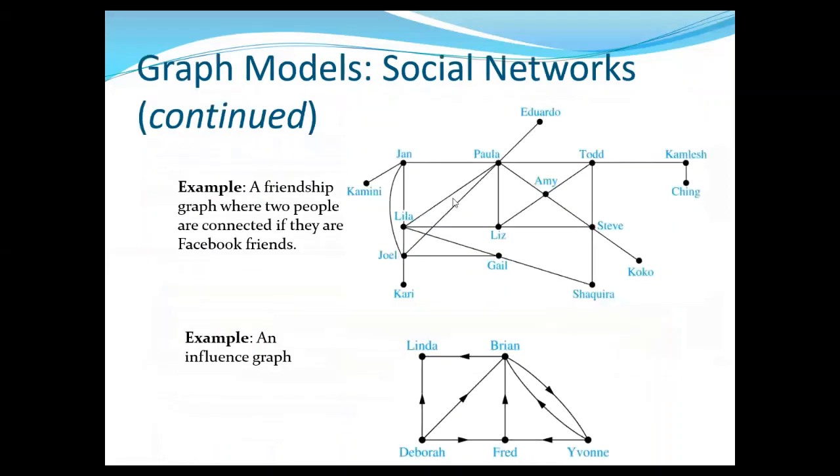So this is an example of a friendship graph in Facebook. It gives us an idea who are directly connected with each other, the levels of friendship, who are our common friends, and others. And for the influence graph, it gives us an idea who influences who. For example, Brian influenced Linda while Brian is influenced by Yvonne. And also Brian influenced Yvonne and Brian is influenced by Deborah and Fred.